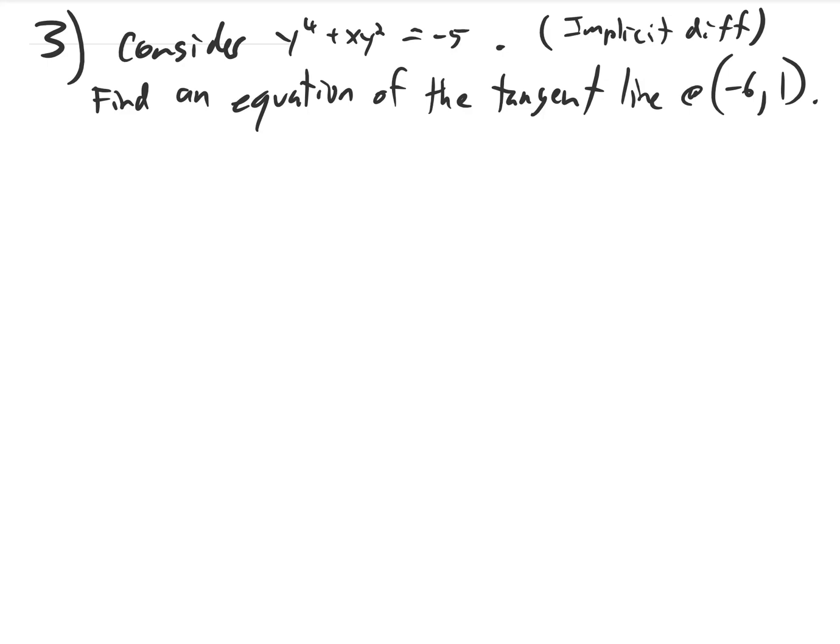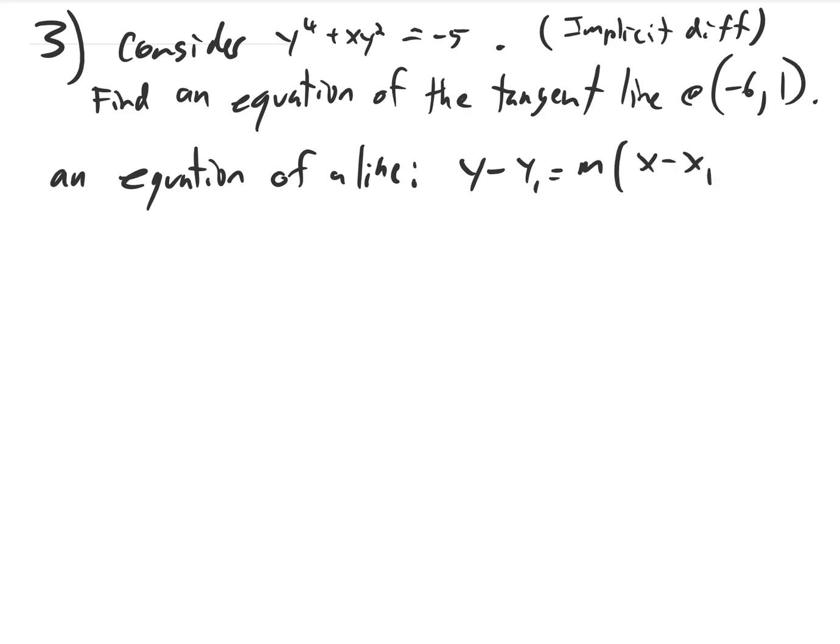All right, so an equation of a line. I find it convenient to use point slope form. Here m, as usual, is the slope.